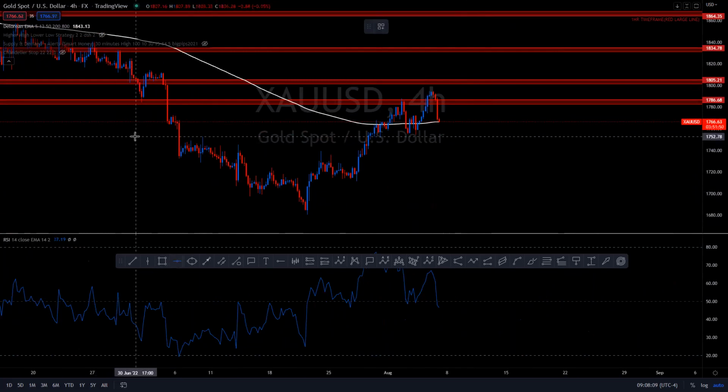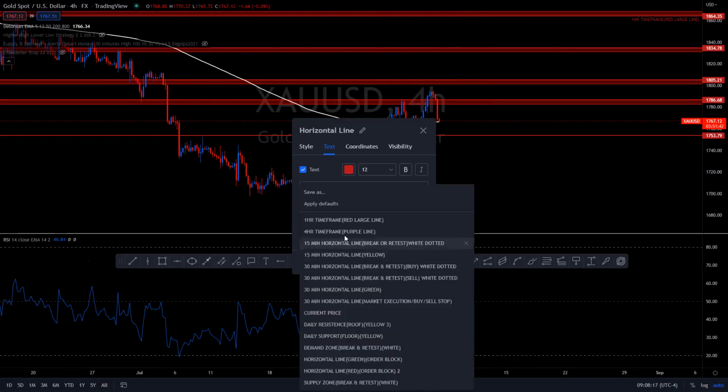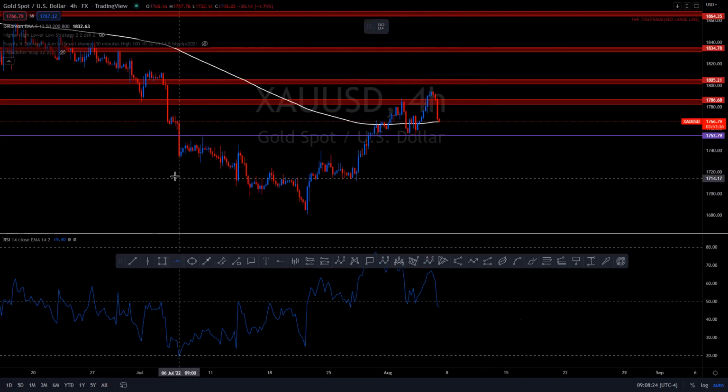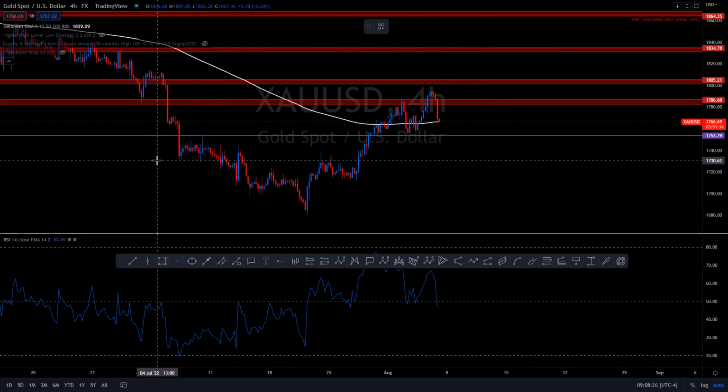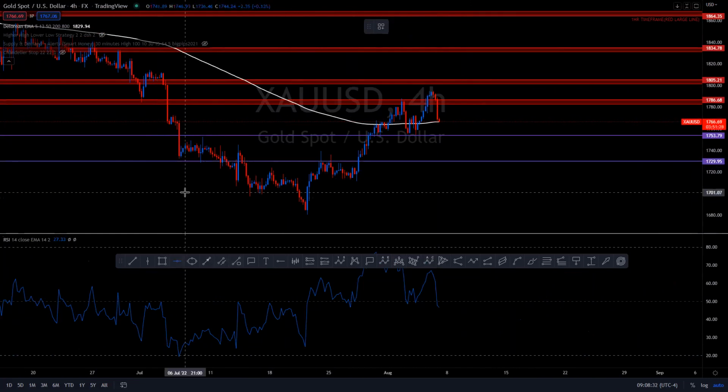Now we see price. See it here. Make this purple. This is a key area too.